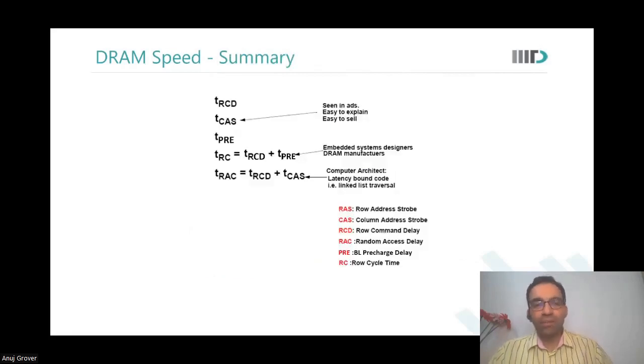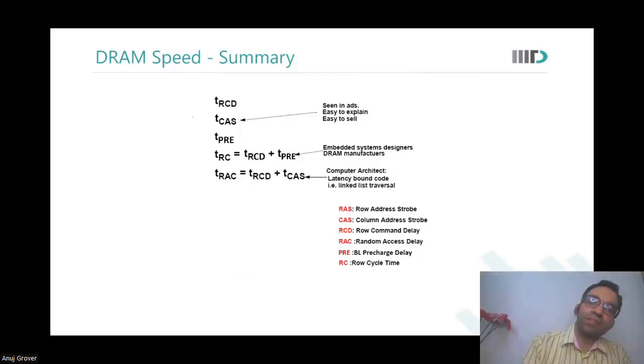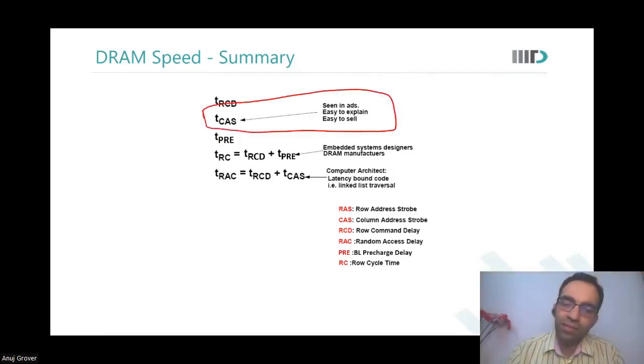So we've looked at multiple timings until now, TRCD, TCAS. So this is the shortest time. Do you realize that this is the fastest that your DRAM can give output? So this is the time talked about in the ads, that this is the fastest DRAM that we have, and so on.